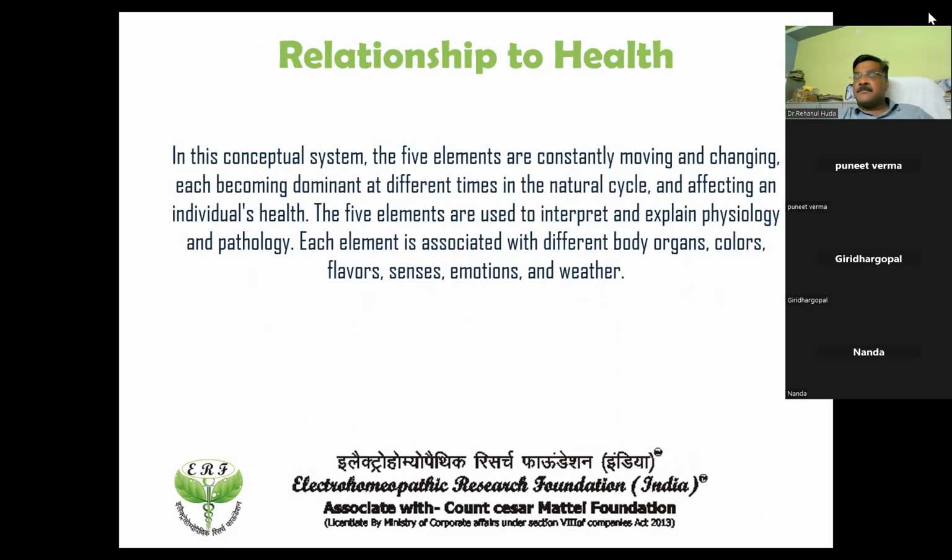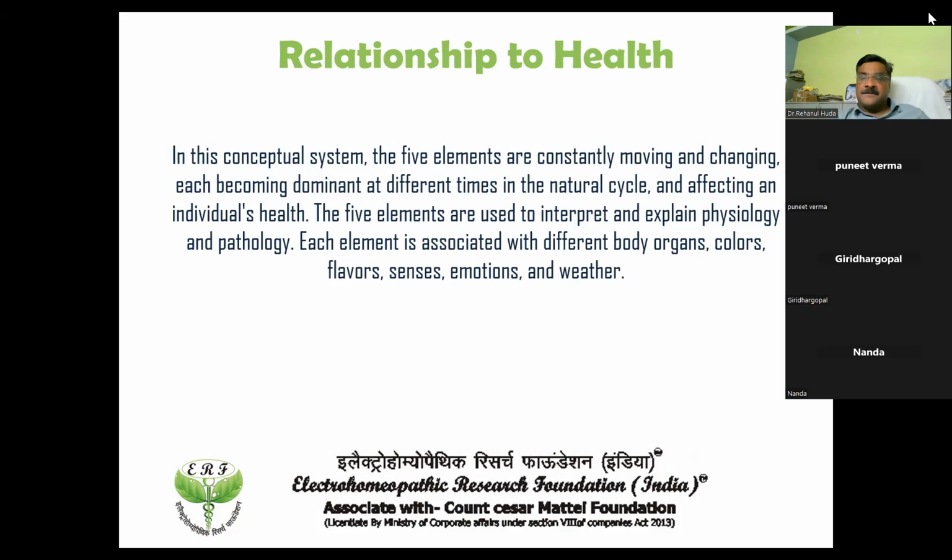In this concept, there is a relationship to health. These five elements are constantly moving and changing, each becoming dominant at different times in the natural cycle and affecting an individual's health. The five elements are used to interpret and explain physiology and pathology.